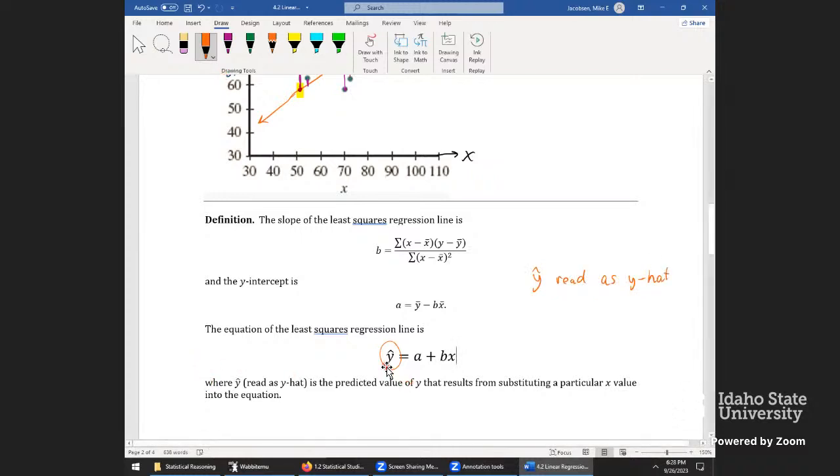Whenever you see a symbol like that, what it's saying is Y hat is the predicted value. So we often write our least squares line with a Y hat. That's not a requirement in this class, but it's a pretty good habit to get into, especially if you know that you're probably going to be doing more statistics, more regression.